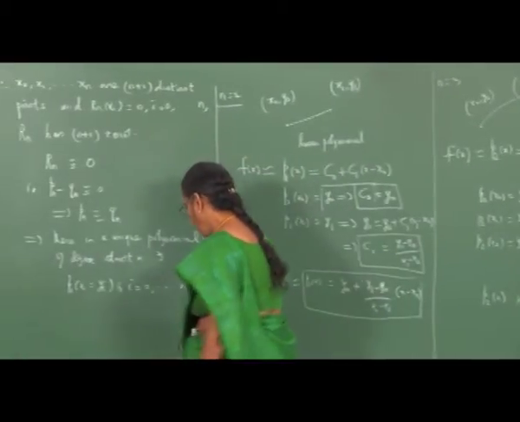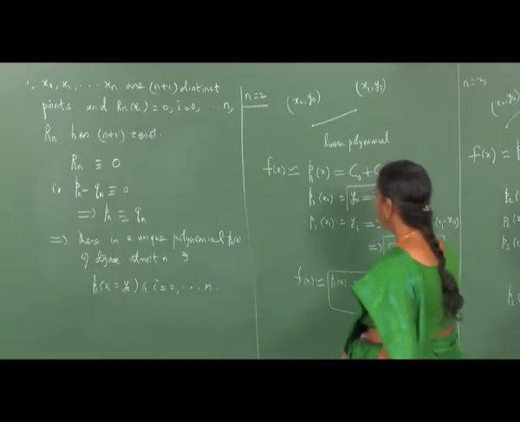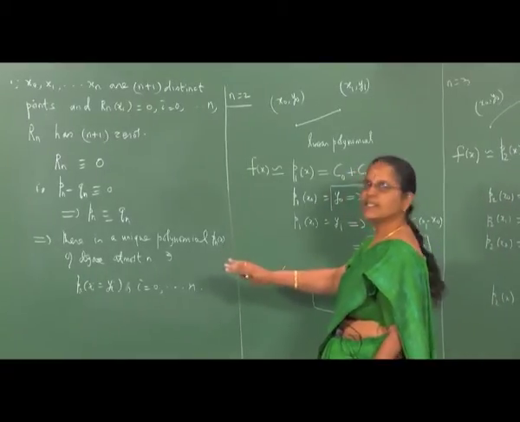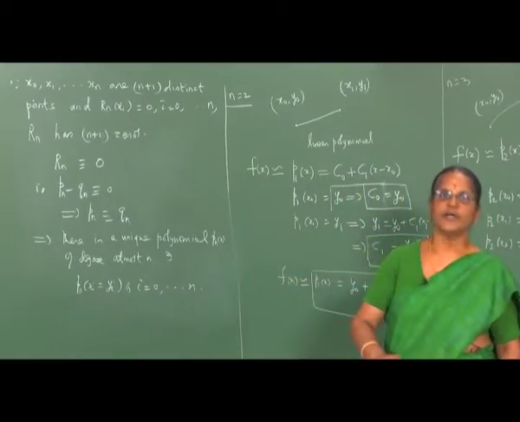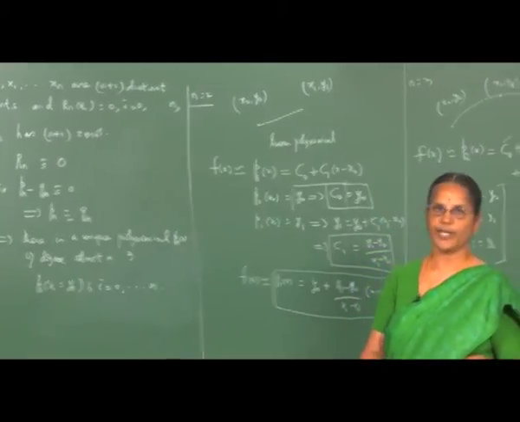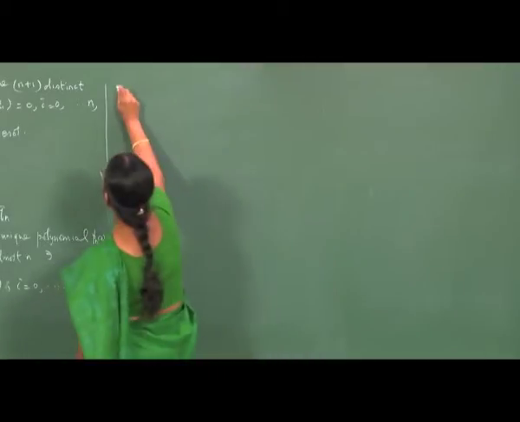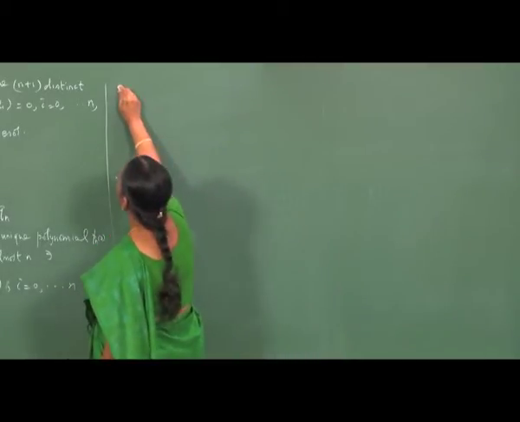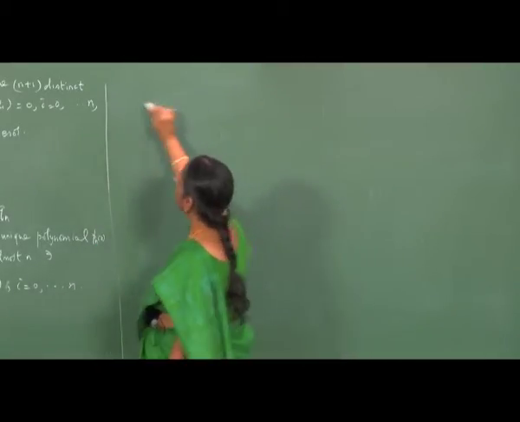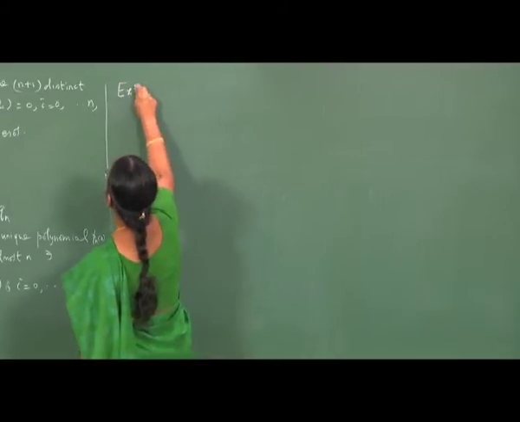So, we now move on to the existence part, and the existence is through construction of such polynomials as we have already indicated. So, we shall use induction to show the existence part of this proof.